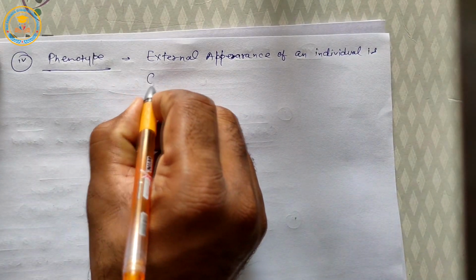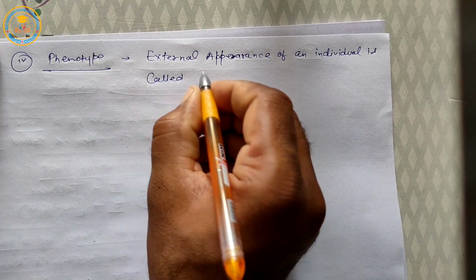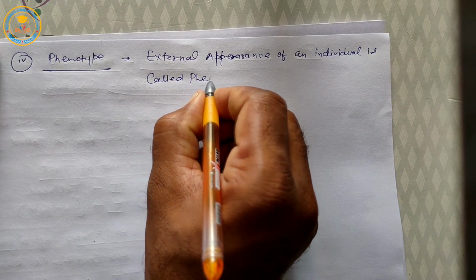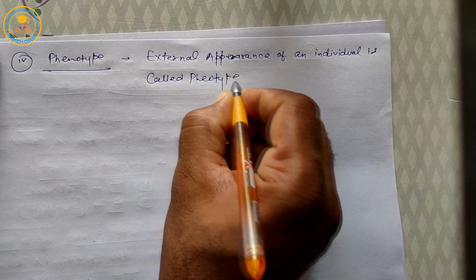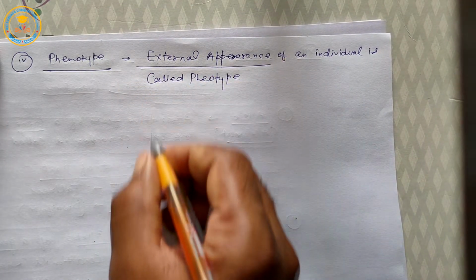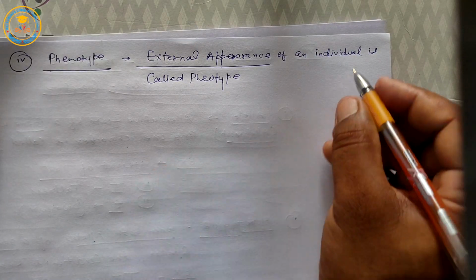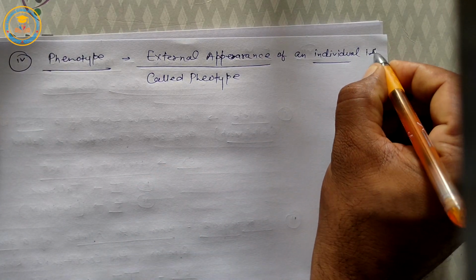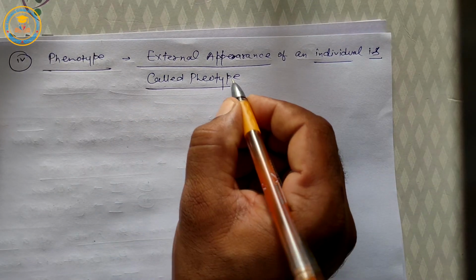Once again, external appearance, or morphology, of an individual is called phenotype.